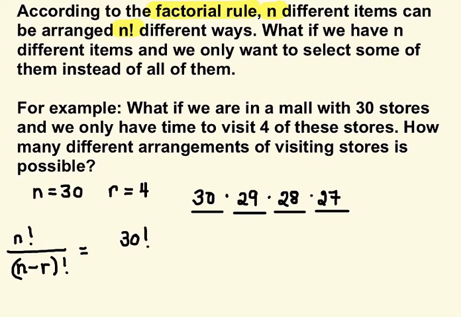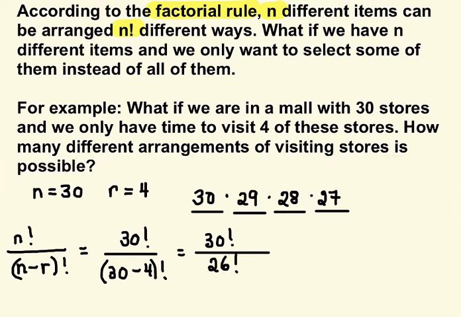If I divide 30 factorial by n minus r factorial, well, n minus r is 30 minus 4 factorial. So in the numerator I have 30 factorial, and in the denominator I have 30 minus 4, and that's 26 factorial.